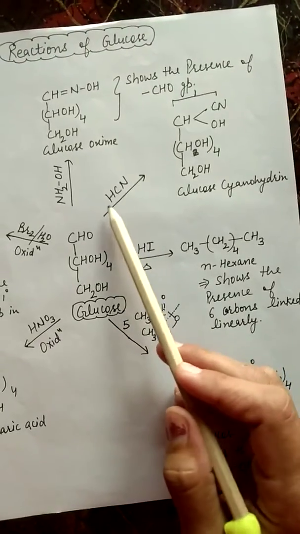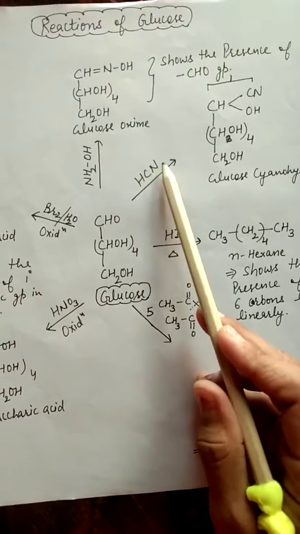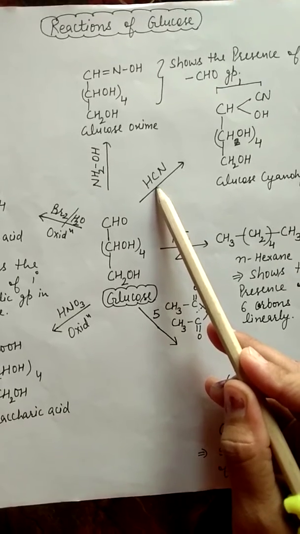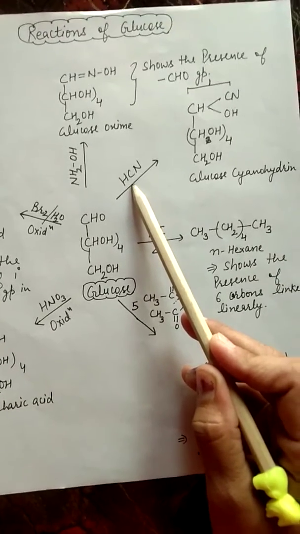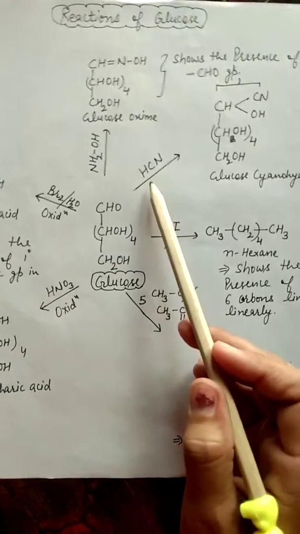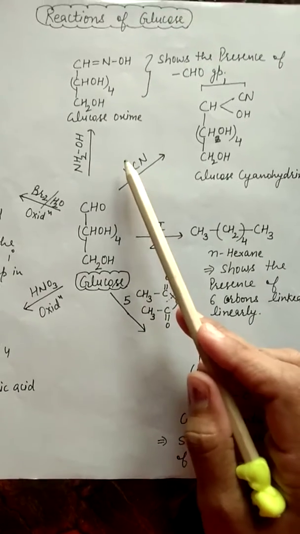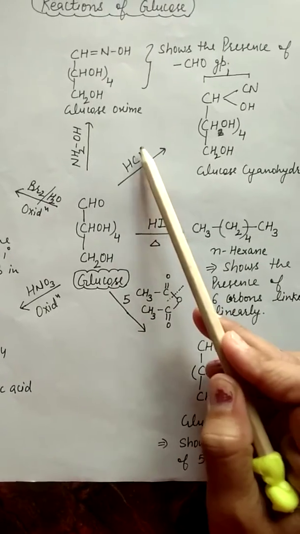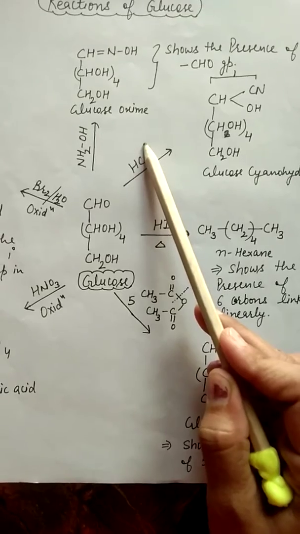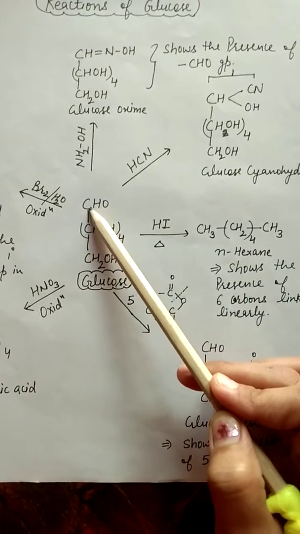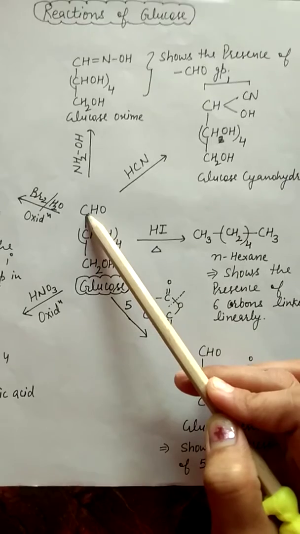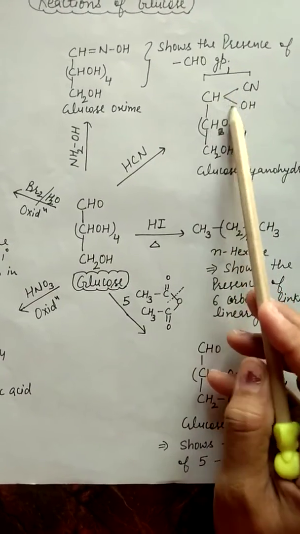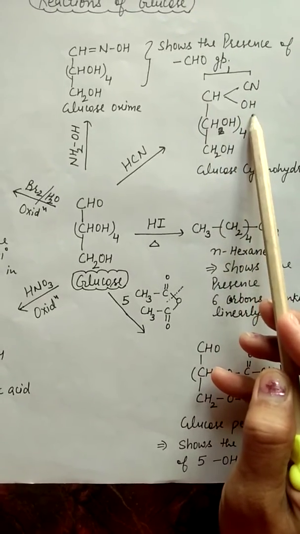The second reaction is with HCN. When the glucose reacts with HCN, hydrogen cyanide, then this H positive, CN negative, the negative part, the nucleophile, attacks this carbon atom, and it will form CN and OH.